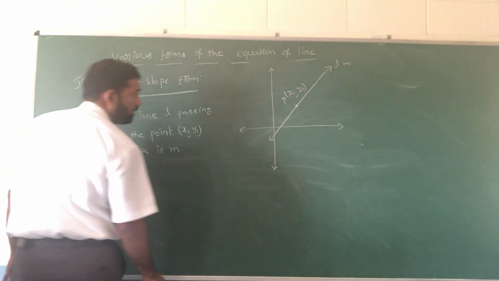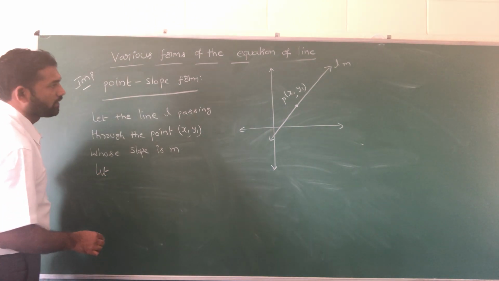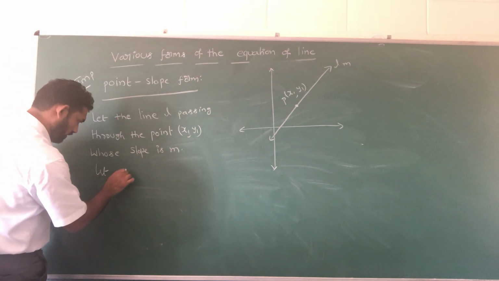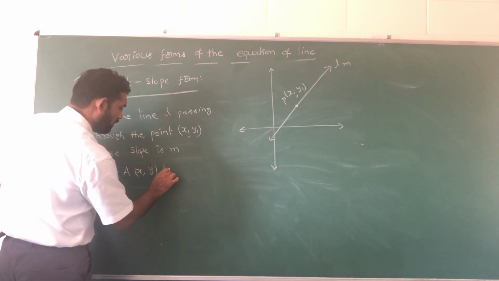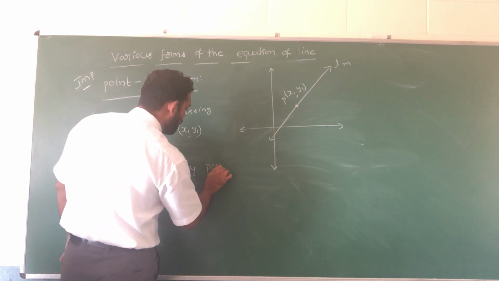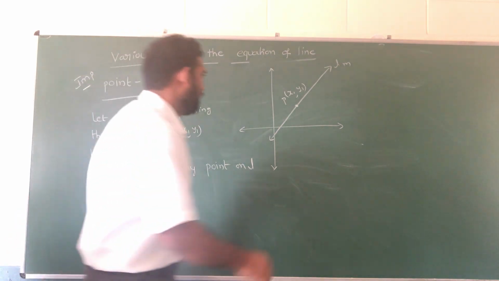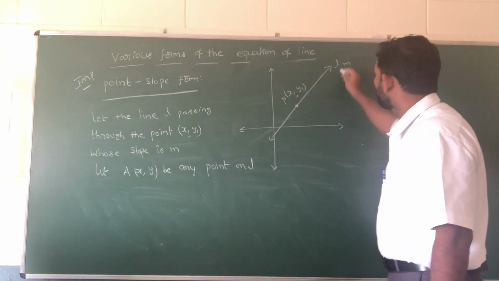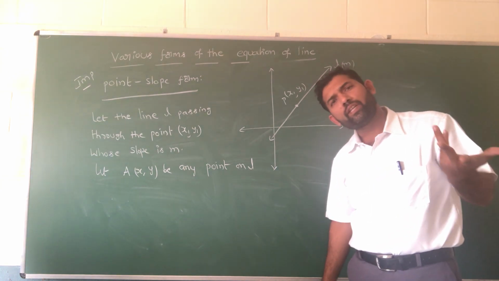So let (x, y) be any point on line L. Line L means so many points are there.